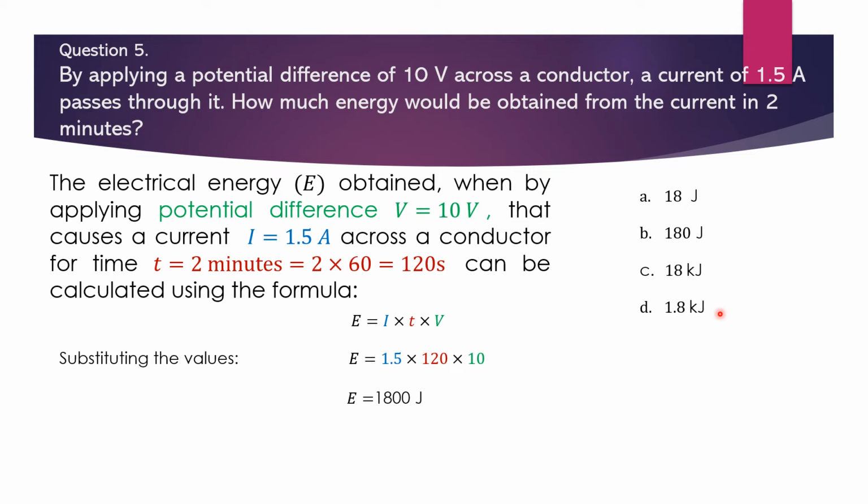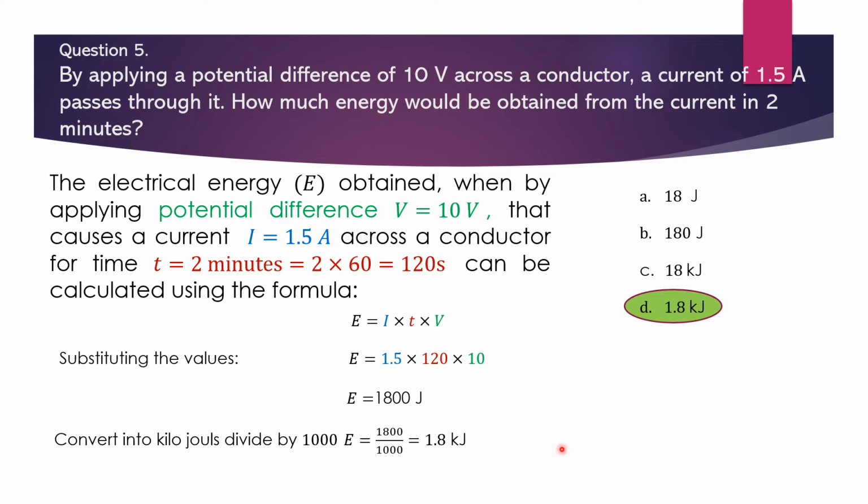The other two values are given in kilojoules, so we must now convert this value into kilojoules. In order to convert into kilojoules, divide by 1000. 1800 divided by 1000 results in 1.8 kilojoules. So our correct answer is 1.8 kilojoules.